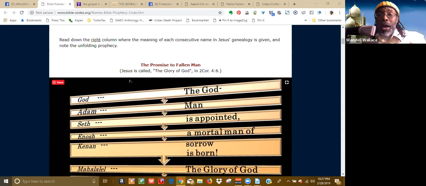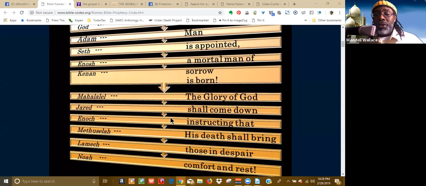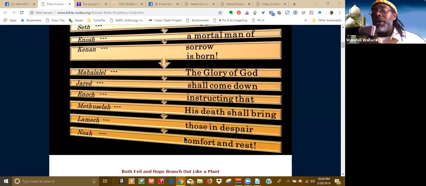That's why I don't want to put God in it, because I don't want to inflate the meaning unnecessarily when the scripture itself doesn't do that. Okay. So man is appointed, a mortal man of sorrow is born. The glory of God shall come down, instructing that his death shall bring those in despair comfort and rest.